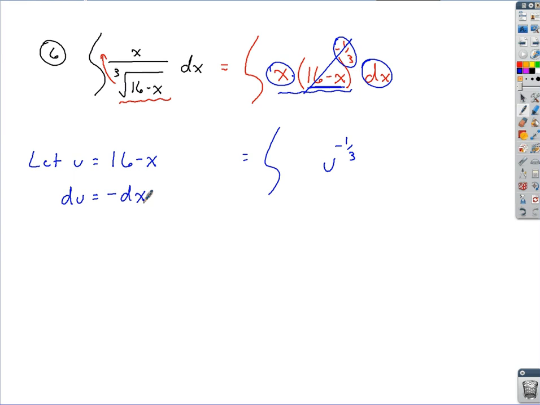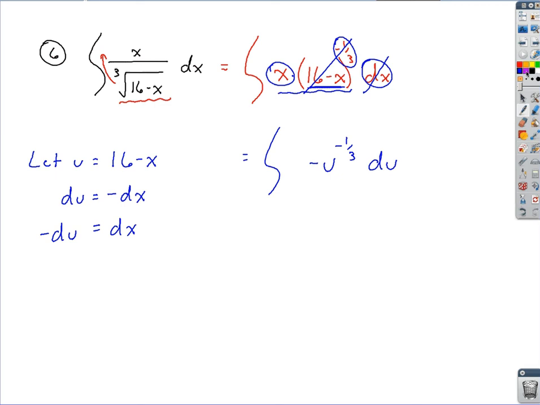If I look at what I'm trying to replace, an x and a dx, I can at least replace the dx if I solve for dx over here. Solving for dx, divide the negative over, and dx equals negative du. So I take the dx out, I replace that with a negative du. So I'm going to place the negative in front of this u to the negative 1/3.